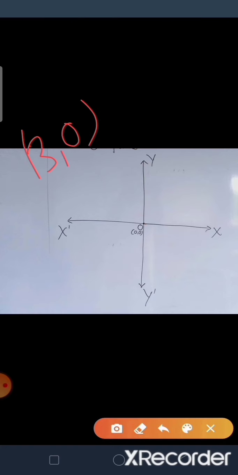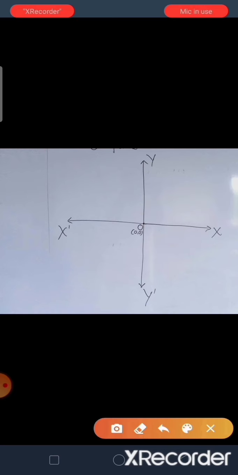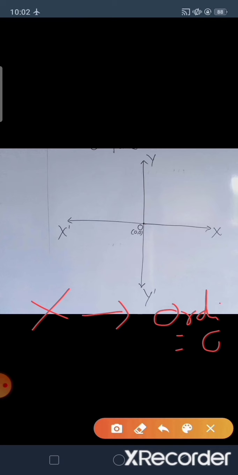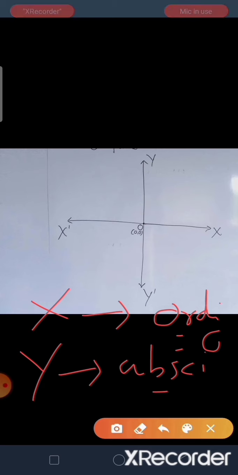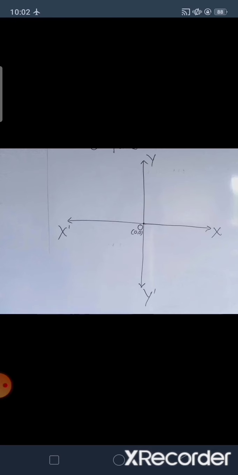Here the ordinate is 0, so this point is on the x-axis. We go from 0, 1, 2, 3, so the point P is (3, 0), a point on the x-axis. If any point is on the x-axis, then its ordinate is 0, and if any point is on the y-axis, then its abscissa is 0. So here we understand our fourth topic.